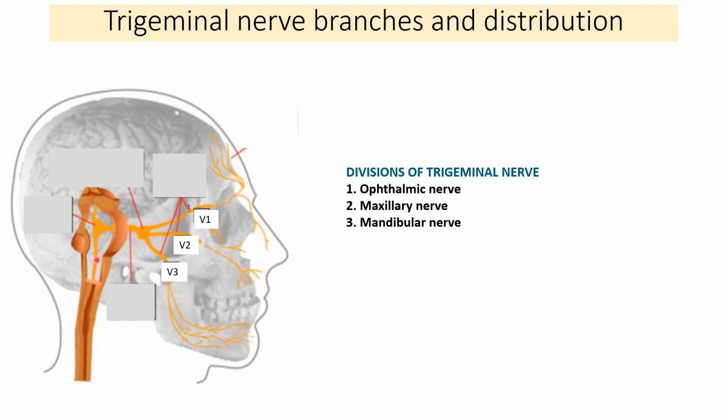This is going to be related with pain and temperature, and touch by the main sensory nucleus. So this will form the sensory root, the trigeminal ganglion, and then three divisions: ophthalmic, maxillary, and mandibular, supplying the respective areas.